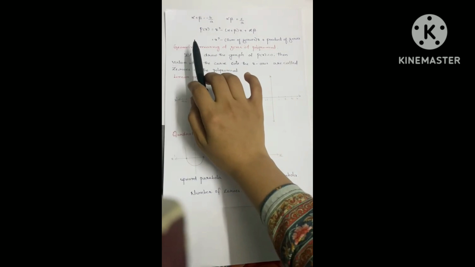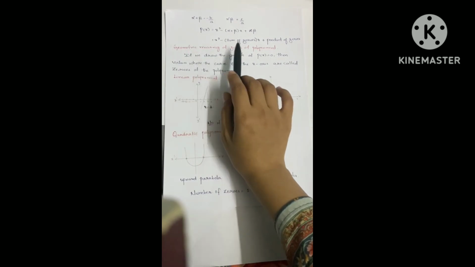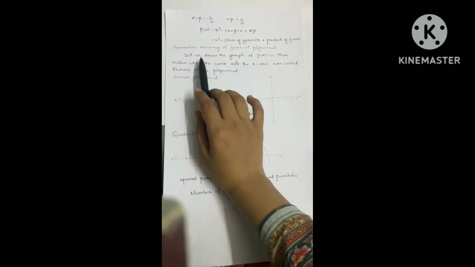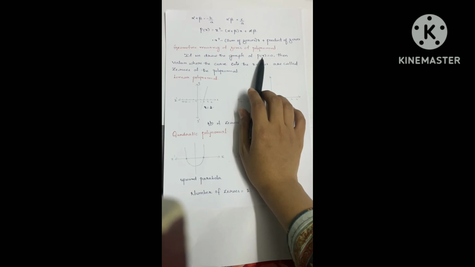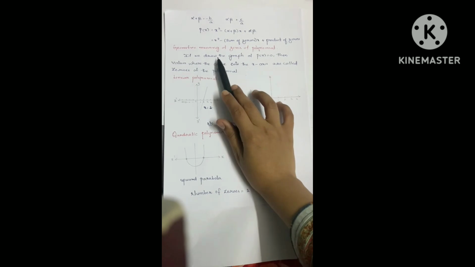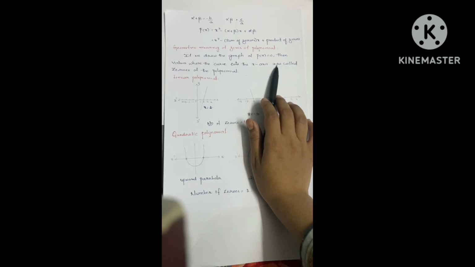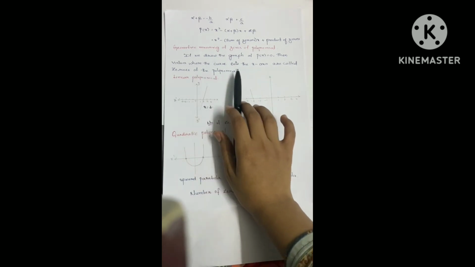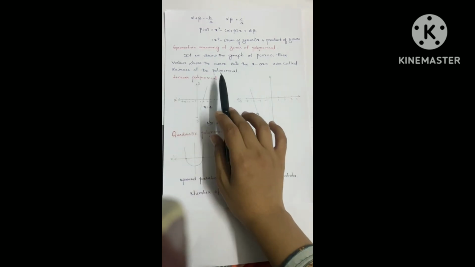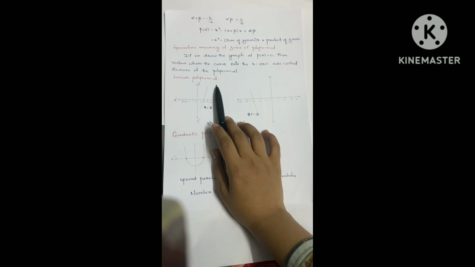So the next concept is the geometrical meaning of zeros of a polynomial. If you draw the graph of P of x is equal to 0, then the values where the curve cuts the x-axis are called zeros of the polynomial. First we see the linear polynomial.